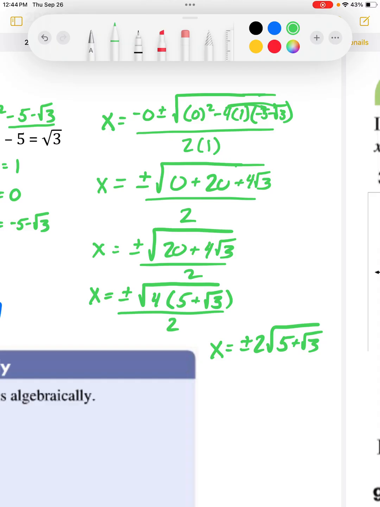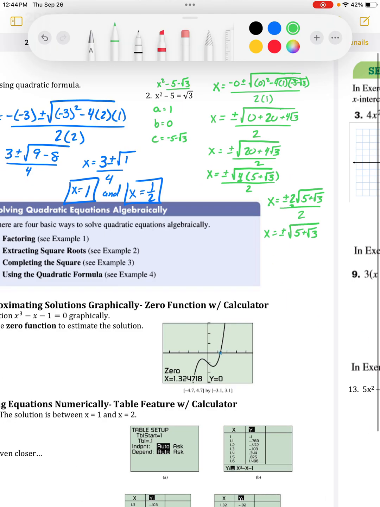So this 4 comes out front because the square root of 4 is 2. So that 4 becomes that 2, and it's all over 2. And 2 divided by 2 is 1. So this is just plus or minus the square root of 5 plus root 3.